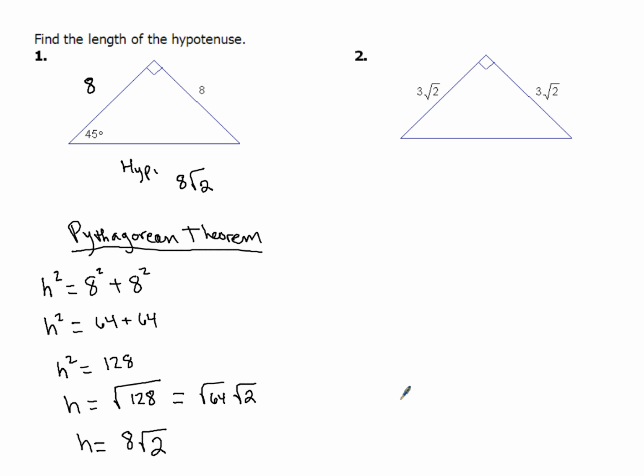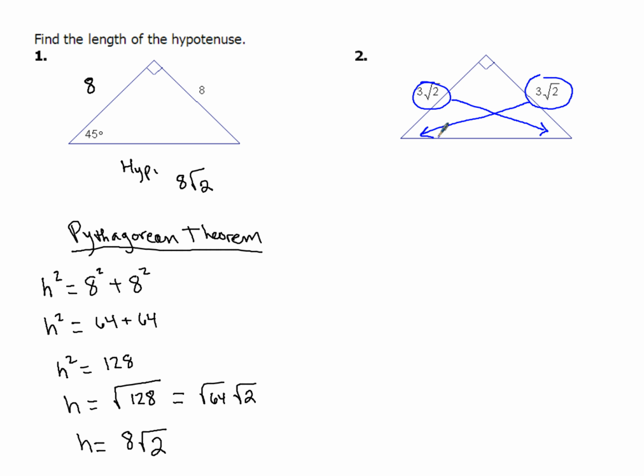Now check out number 2 here. This one's a little bit different because we have both legs already. Now how do we know that's a 45-45-90 triangle? This side and this side are both the same. So that means those two sides are the same. And if you remember from earlier in your geometry days, if two sides are the same in a triangle, then the angles opposite are the same.